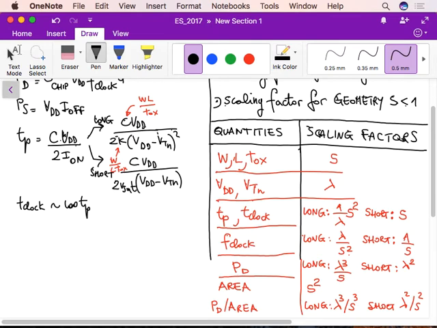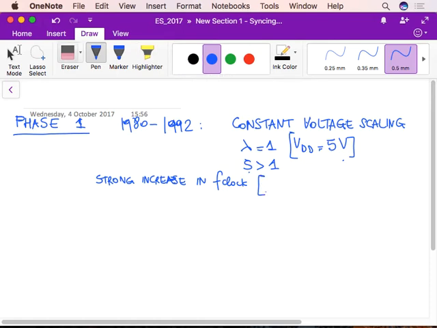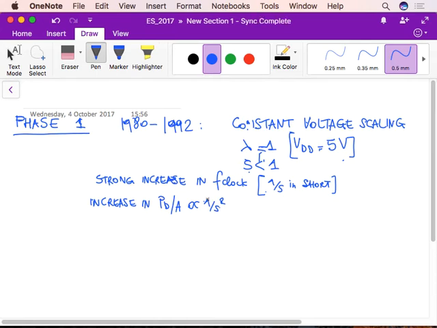So we have a strong increase in clock frequency, and here I should write smaller than 1, because it goes like 1 over S in short transistors, and an increase in power consumption per unit area, because that is proportional to 1 over S squared. Okay, this is a problem.